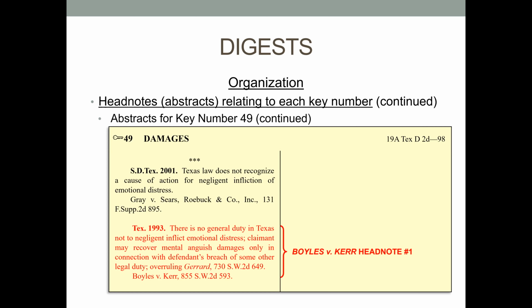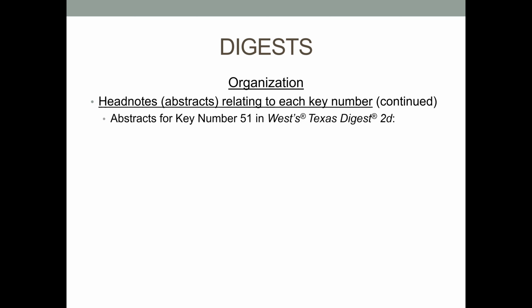Here, Tex means Texas Supreme Court, and the year of the decision. So this is the same language that was in headnote number 1 at the head of the Boyles opinion, but it's just now been collected with headnotes from other cases relevant to Texas that treat the same subtopic.